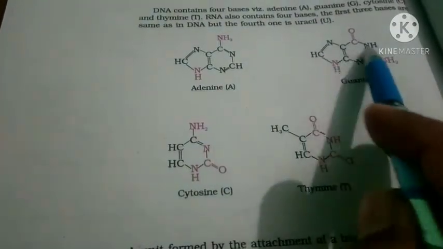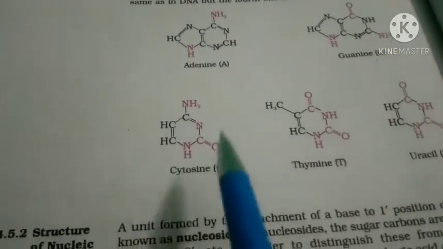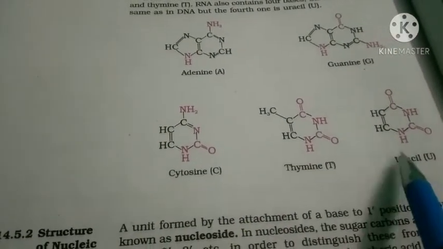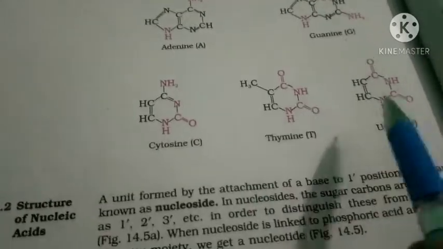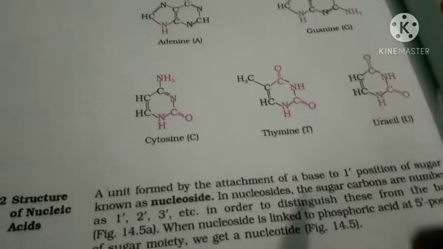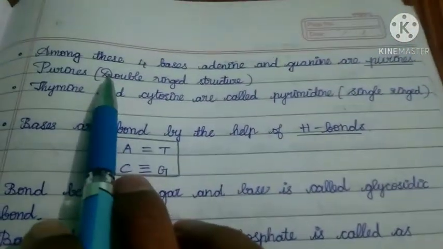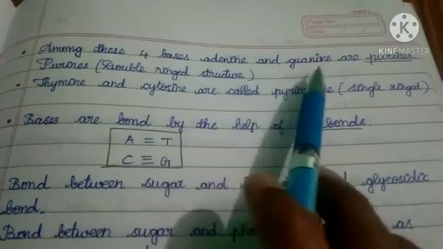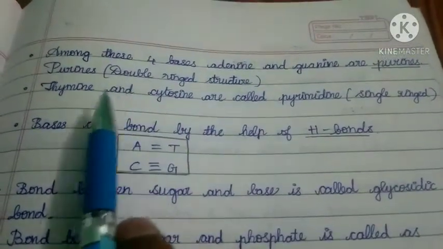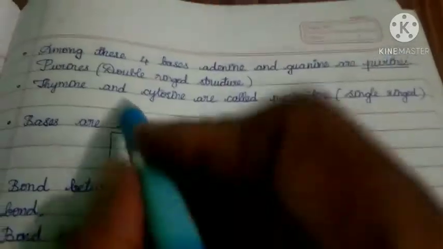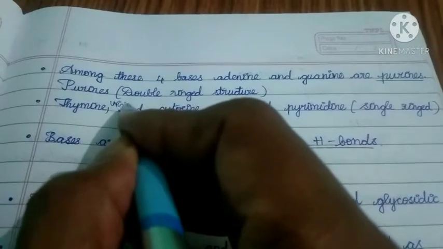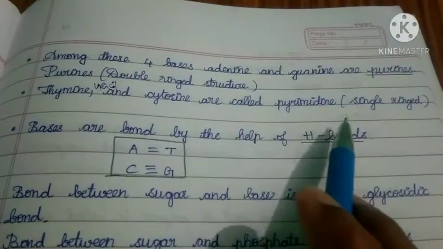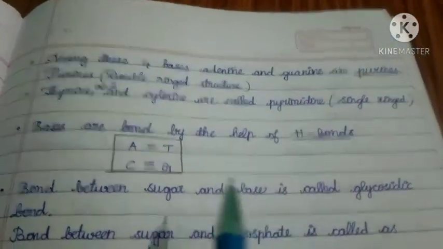But in case of cytosine, thymine, uracil, these are monocyclic structures, nothing but single ringed structures. They are called pyrimidine bases.